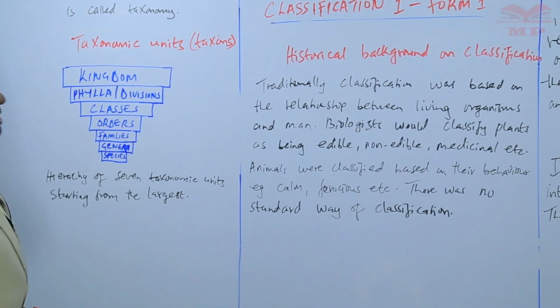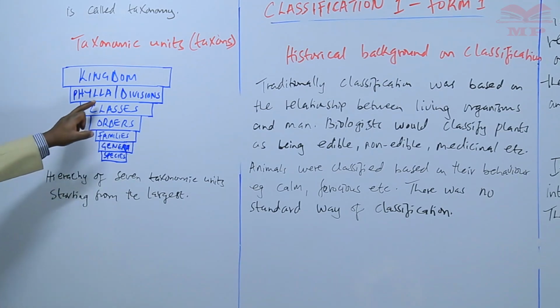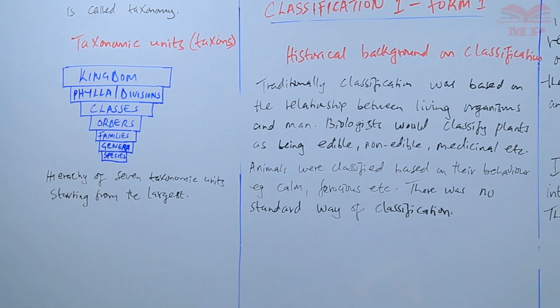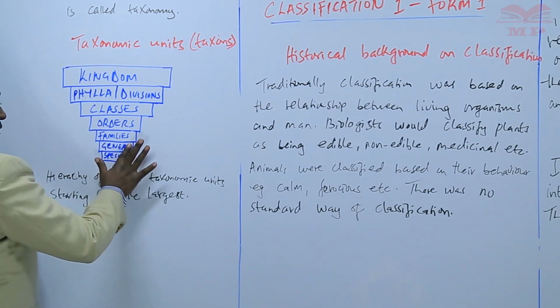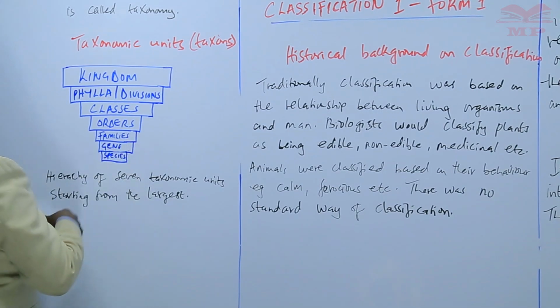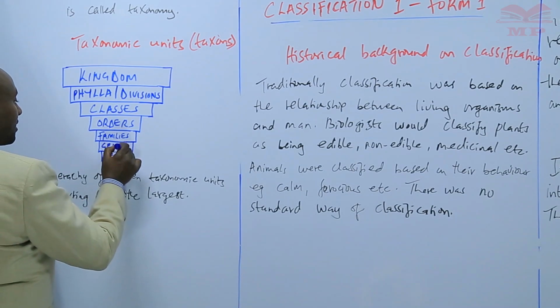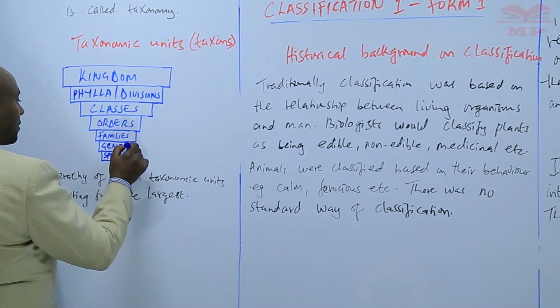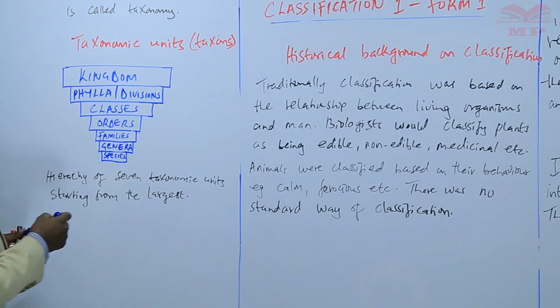Then the kingdom is followed by the phyla. When it is 1, it's called the phylum or division. Then we have the classes, orders, families, genera. Genera is plural of genus. So when there are many, there are genera. When it is 1, it's called the genus. And then we have the species.